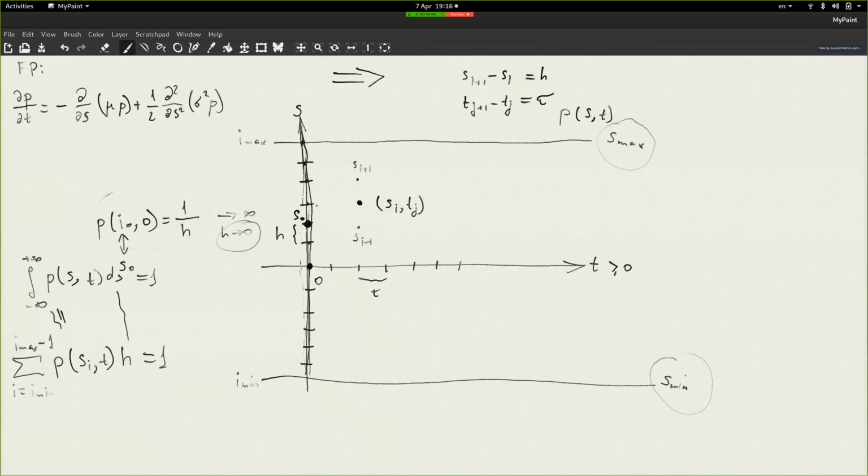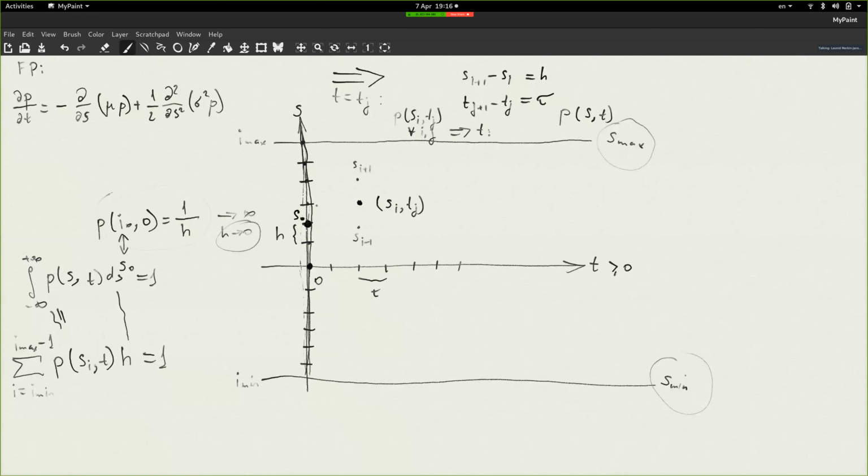Now, suppose that for some t equal to, let's say, tj, we already have p of si tj for all i and j. And we would like to move to tj plus 1, which is obviously equal to tj plus tau.